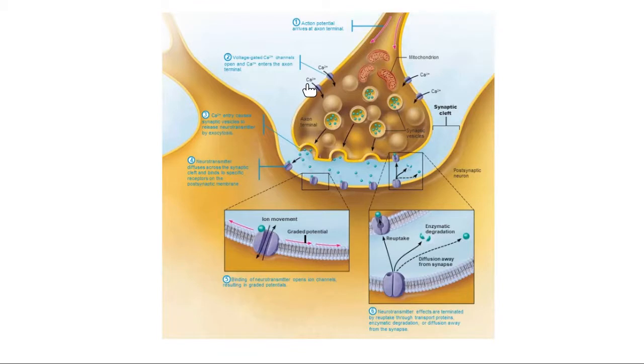The role of calcium in neuron signaling is neurotransmitter release. Let me type it for us. Role of calcium: the job that calcium plays in the process of neuron signaling is helping the neuron to release neurotransmitters.